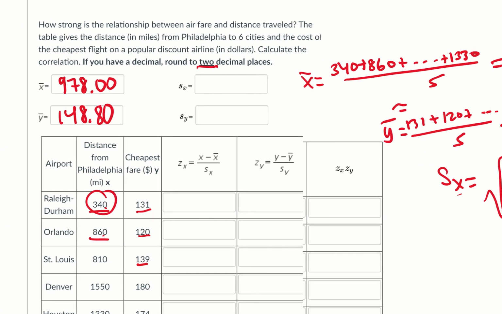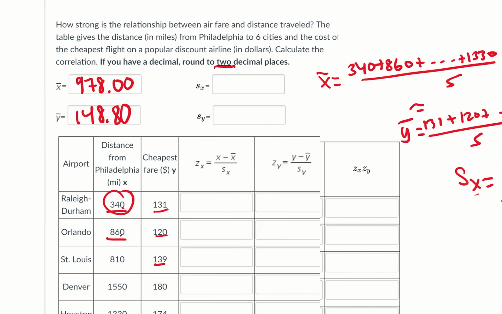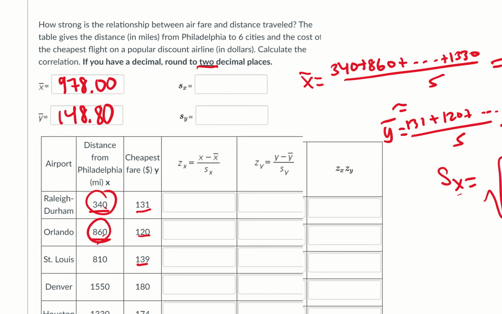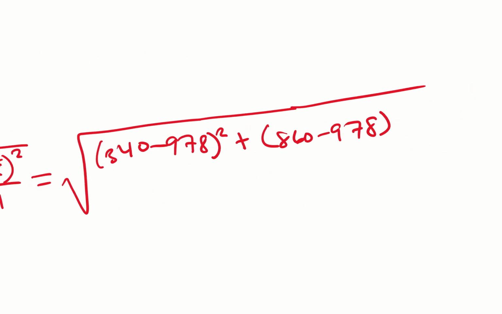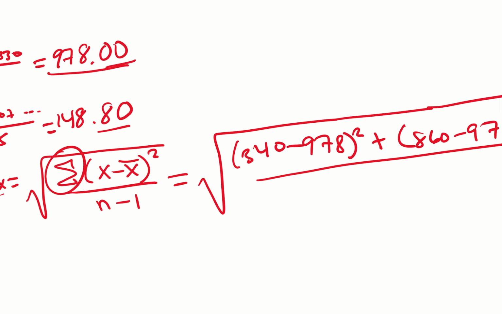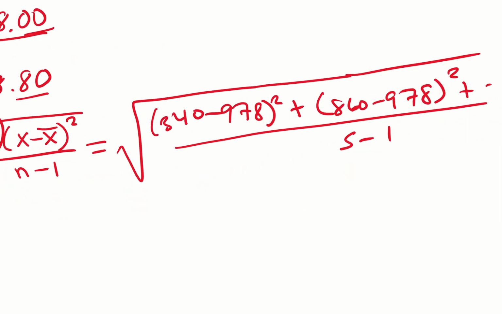This is x, 340, subtract its average, which was 978. Then we square it and add the next value, doing the same thing: 860 minus the 978, the average we got for the airports, squared, and so on. Divide that by the total, so we have 5 airports minus 1.